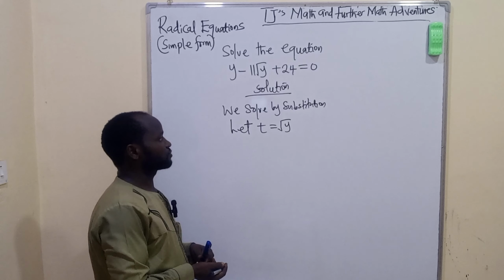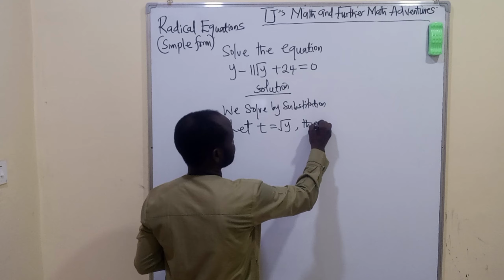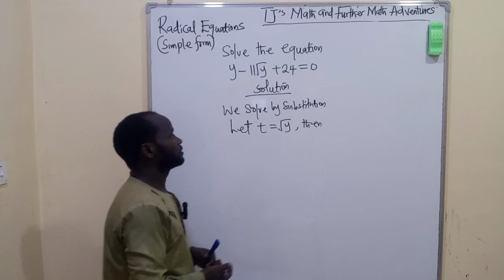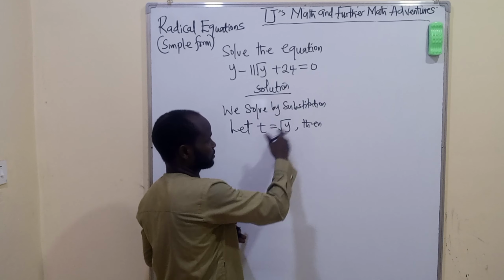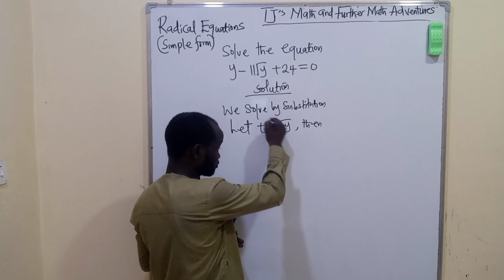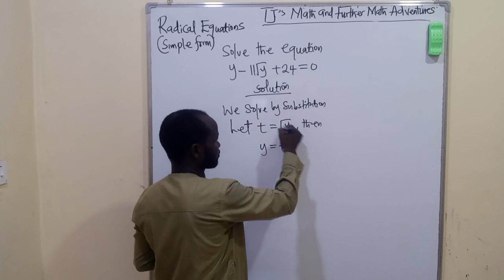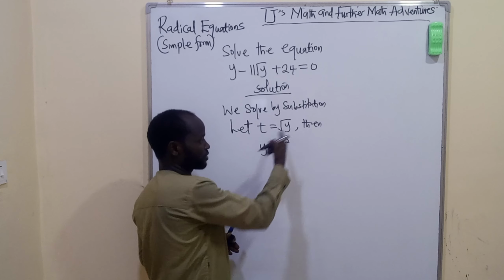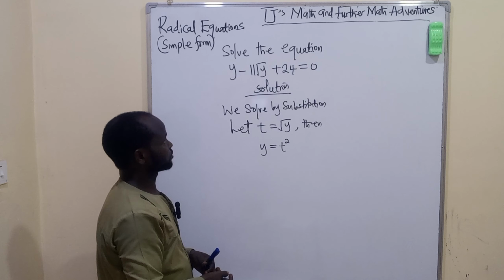So if t is equal to root y, then what will be our y? To find y here, we square both sides to remove this square root. We square both sides, we have t squared equals y. So y will be equal to t squared.